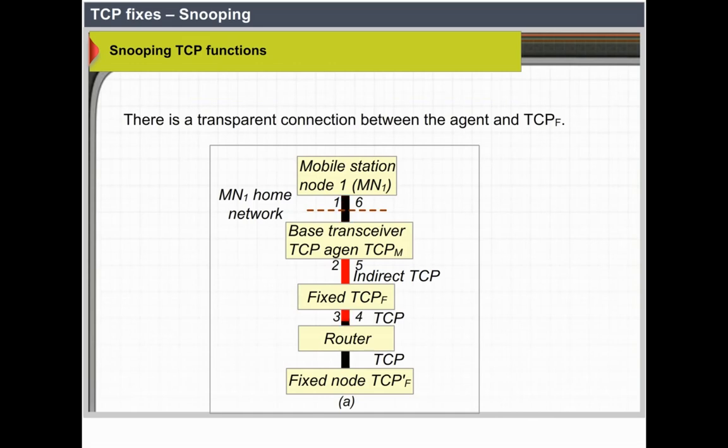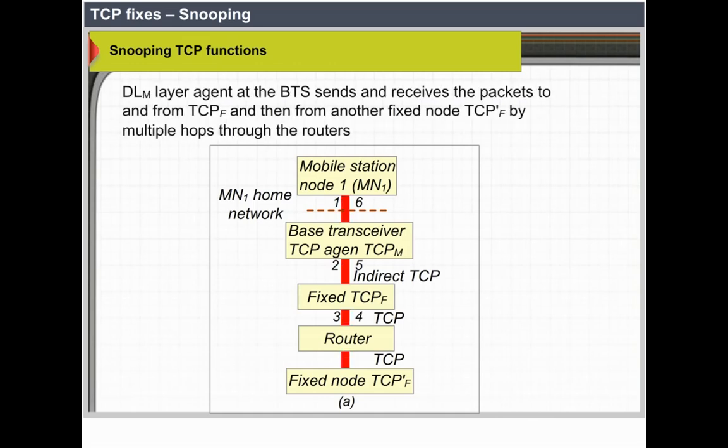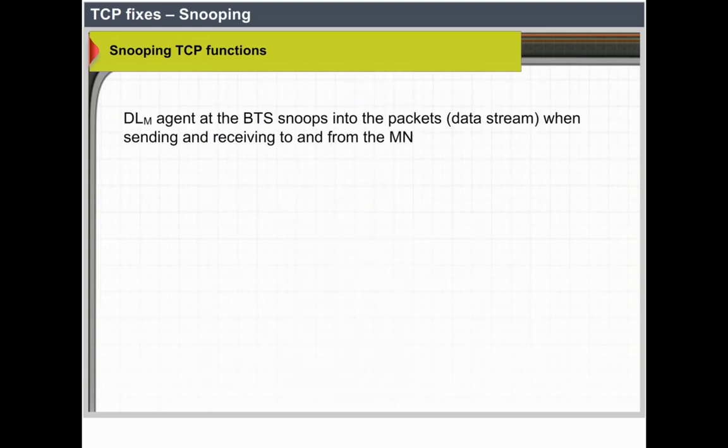Transparent connection between the agent and TCP/F. The DLM layer agent at the BTS sends and receives the packets to and from TCP/F, and then from another fixed node TCP/F by multiple hops through the routers.